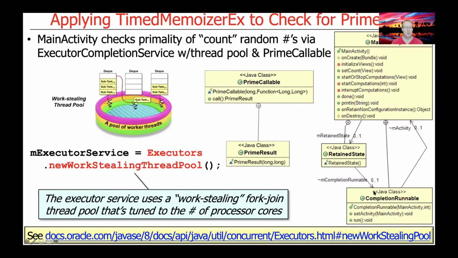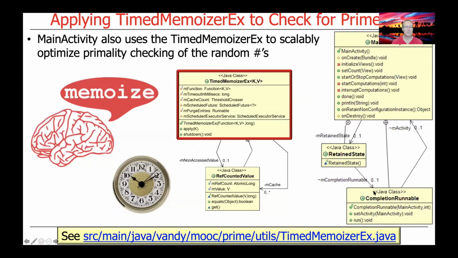This work stealing pool is going to provide the thread pool, and it's going to start out with the number of processor cores, because that's what a work stealing thread pool does. This example maybe illustrates the benefit of the work stealing pool, but it's probably not the best example of it, but it's kind of fun.